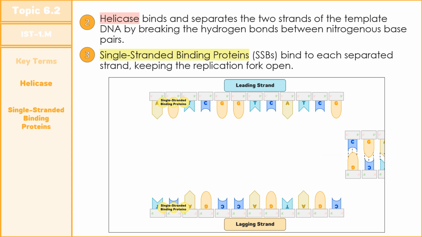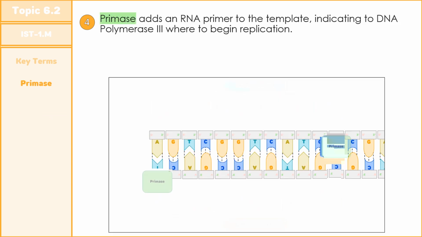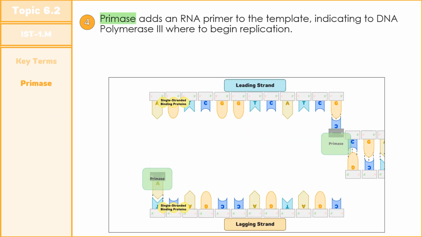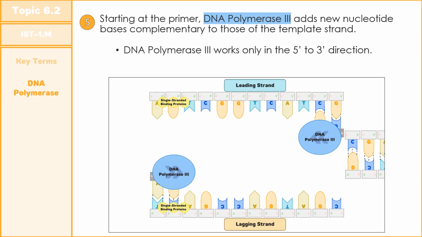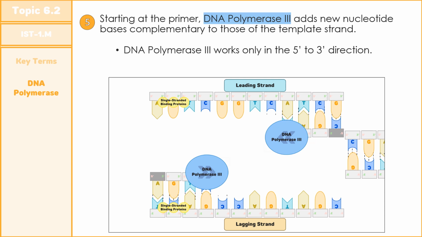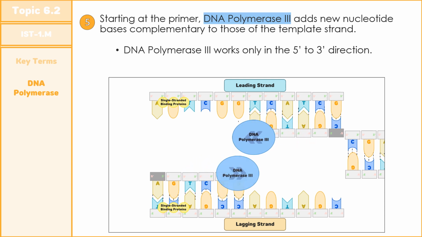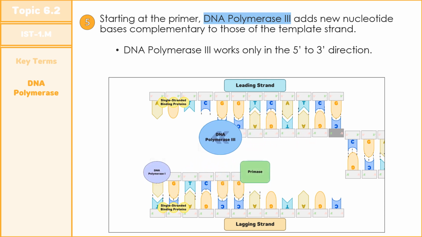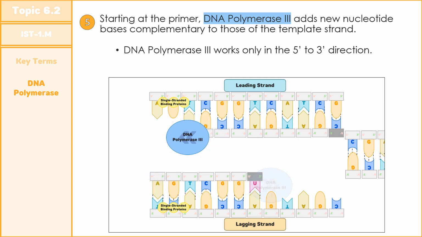So next, once we have these separated strands, primase is going to come in and lay down an RNA primer. This indicates where replication needs to begin as DNA polymerase III gets in to do its work. Starting at that primer, DNA polymerase III is going to add new nucleotide bases complementary to those of the template strand.